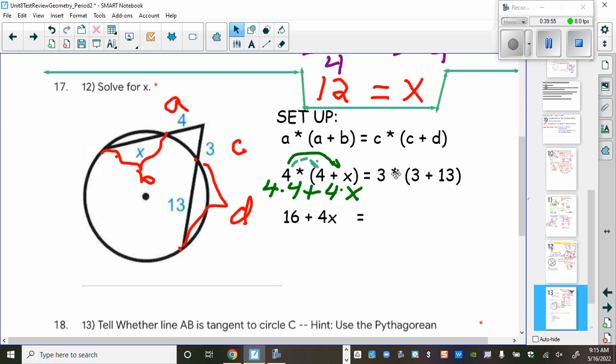What do we get? Type exactly what you see right here. 3 times 3, well, you have to have parentheses, plus 13. What do you get? Yeah, in the end, that's going to be 48.